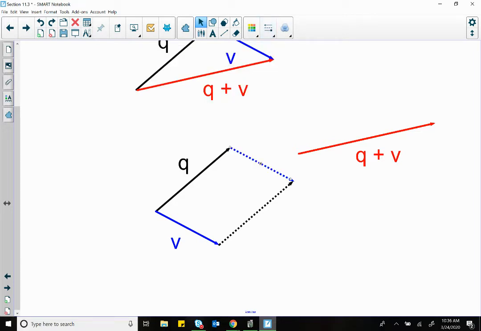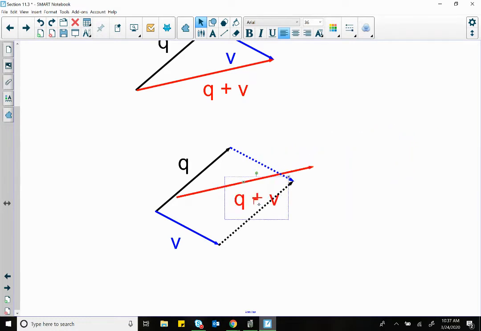And when they complete this, the diagonal that cuts across it, come here, red vector. That diagonal that cuts across it is the addition of those 2 vectors. So it's like they complete the parallelogram.